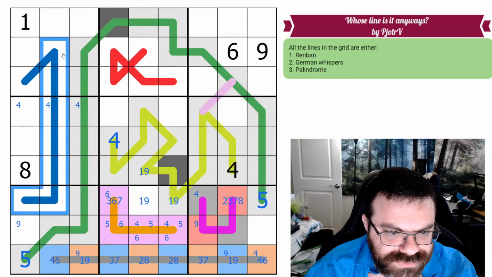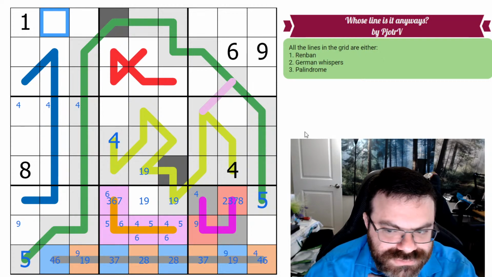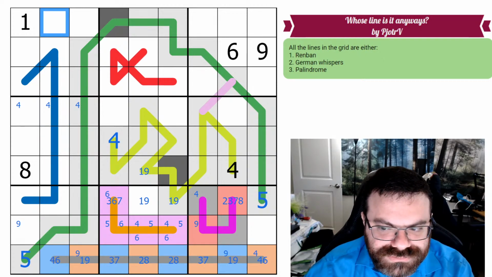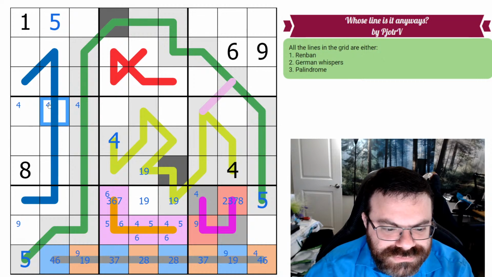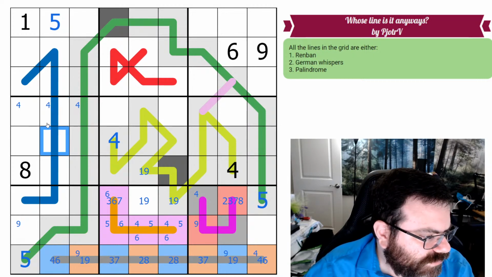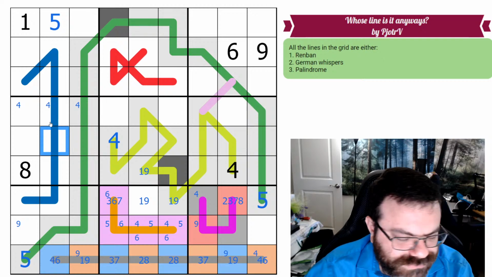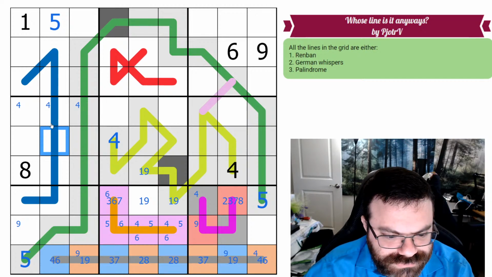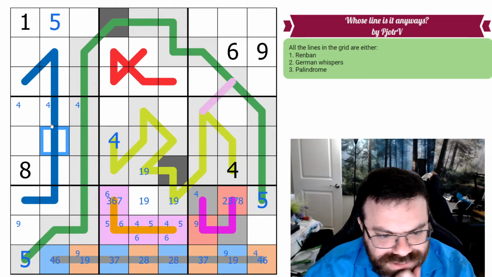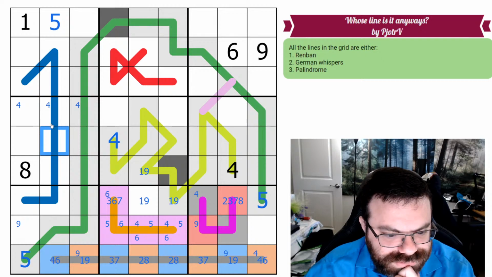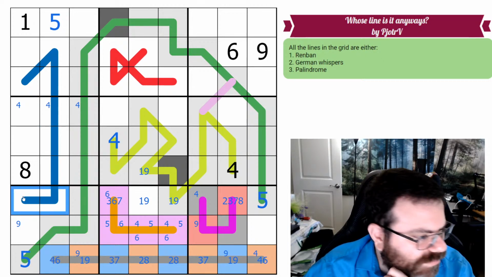Okay, if this is a German whisper, this is a 5. It's fine. I don't really know what else happens.